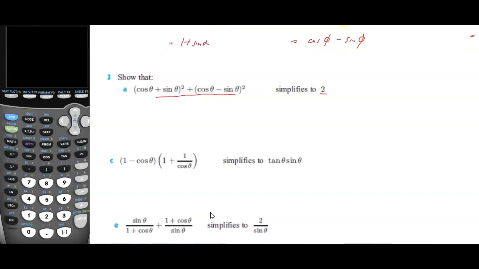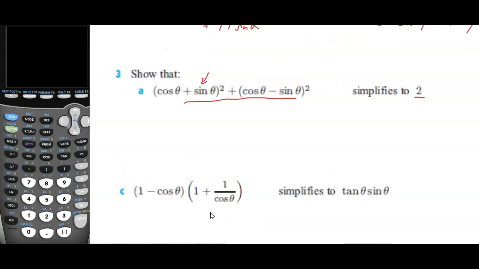Show that this simplifies to 2. Okay, so remember that this is a FOIL, a squared plus 2ab plus b squared, and this would be a squared minus 2ab plus b squared. So we're going to put cosine squared theta plus 2 sine theta cosine theta plus sine squared theta.